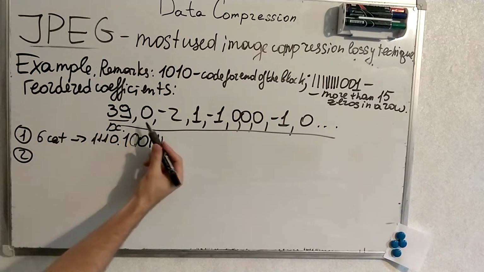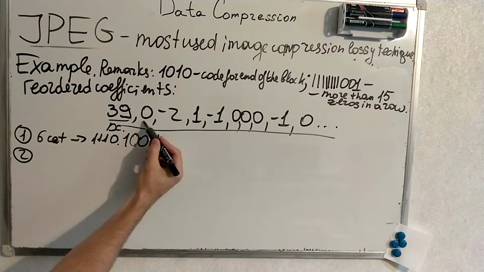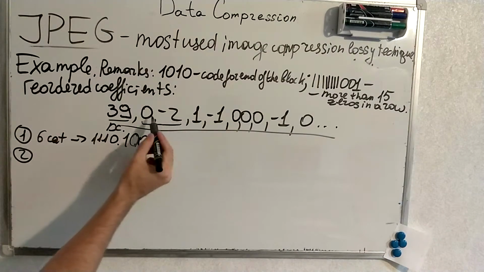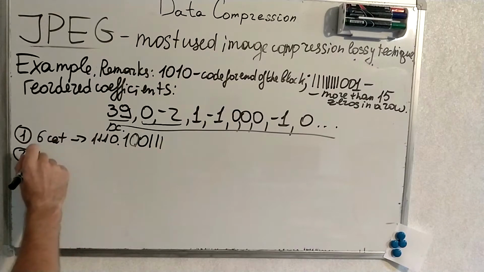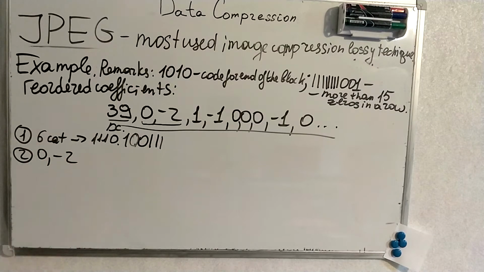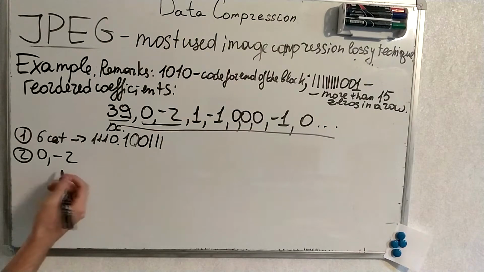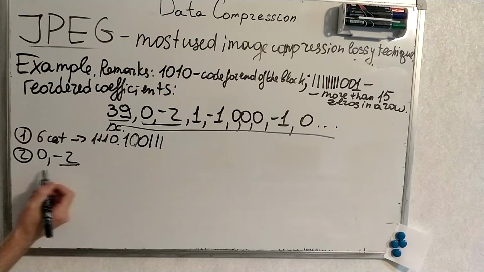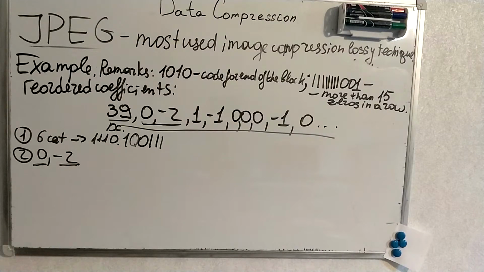Second step. Now we look at the number of consecutive zeros here. Okay, this is only one consecutive zero, and then minus 2. We encode them not separately, but together. This is an AC coefficient, so we are ready for a lot of zeros here. We look at run length 1 and category 2, because the second number refers to the category and the first refers to the number of zeros, 10.